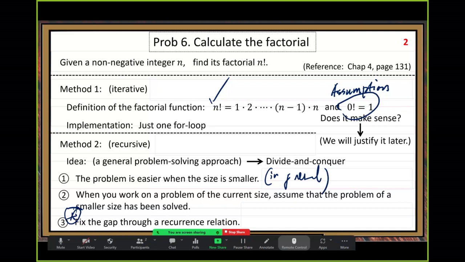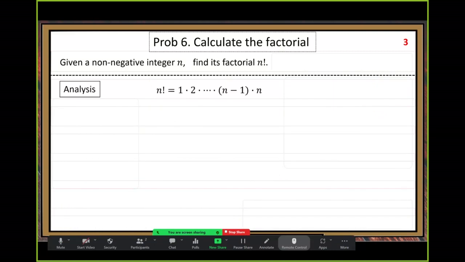So let's look at this example. How do we apply the divide and conquer approach on this formula? The idea is pretty straightforward. We need to do the divide step first. How to do the divide step? Let us use the notation f of n to represent the original factorial function.